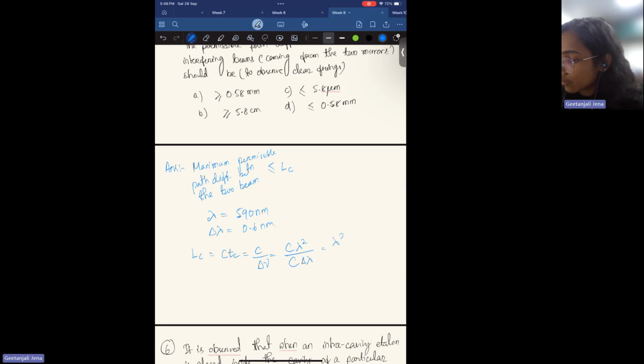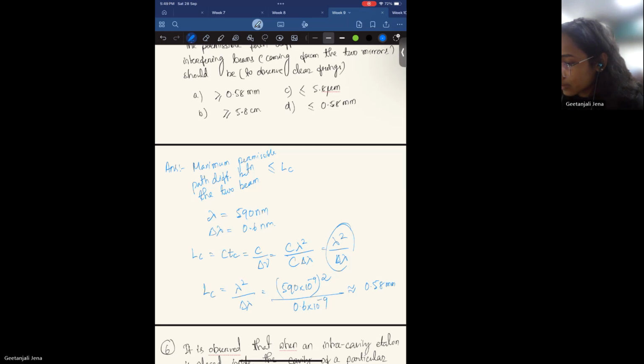That is lambda square by delta lambda. And all these are given. So LC would be lambda square by delta lambda. That is 590 times 10 to the minus 9 square divided by 0.6 nanometer. And this will come around 0.58 millimeter.